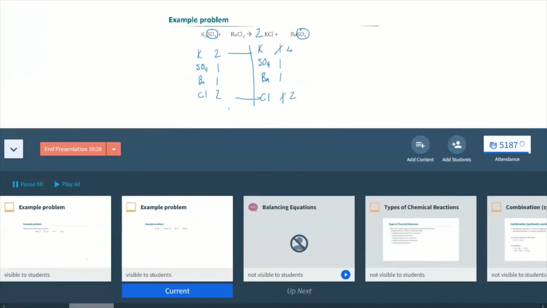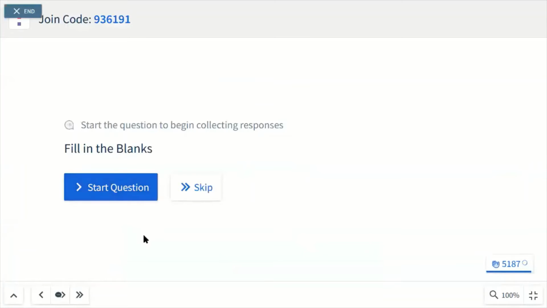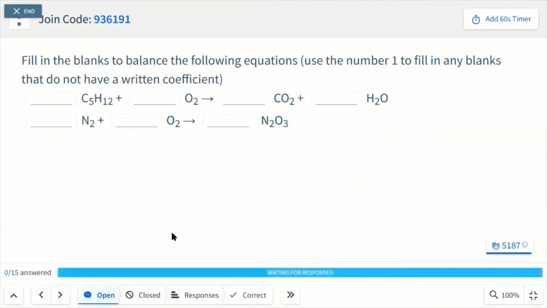All right, any questions before we try a couple on our own? Okay, so this is a fill in the blank question. I've got 2 chemical reactions for you to balance here.